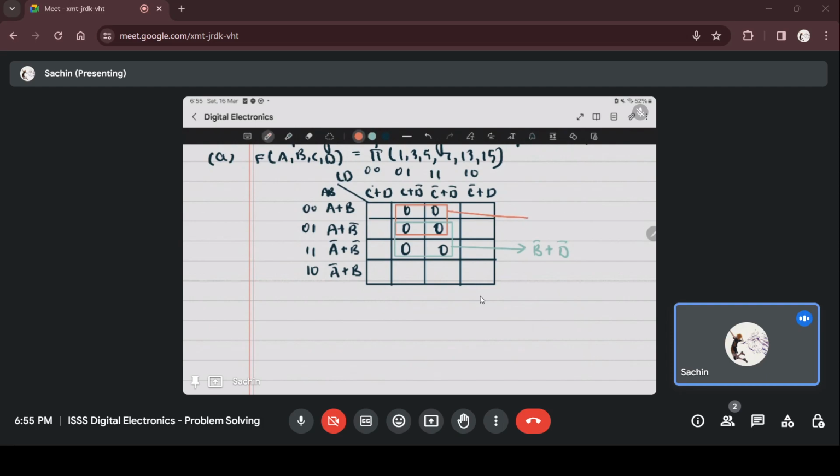This quad is the term A plus D prime. So the simplified product of sums expression is f of a b c d equals A plus D prime and B prime plus D prime.